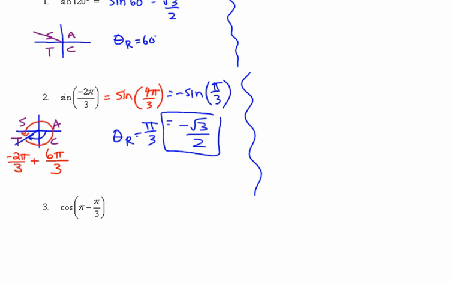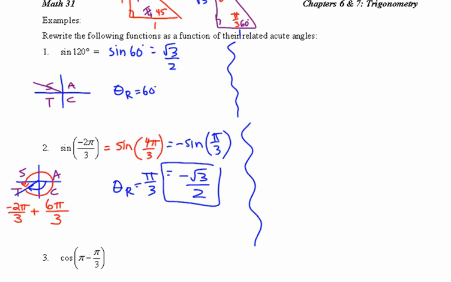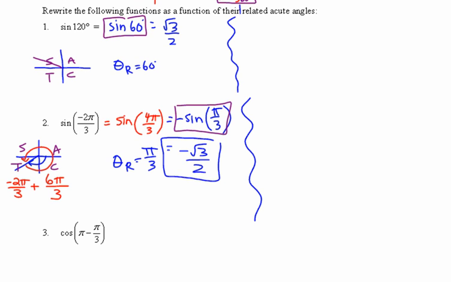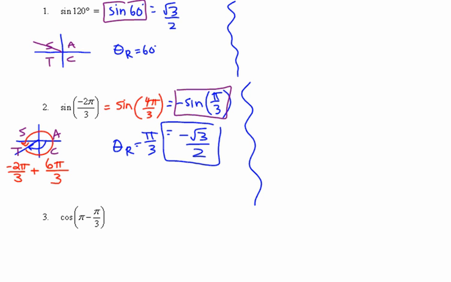The question is to rewrite the following functions as a function of their relative acute angles. That's what I did here, and then I evaluated it. Because it's in this quadrant and sine is negative, it's equal to the negative of the reference angle.